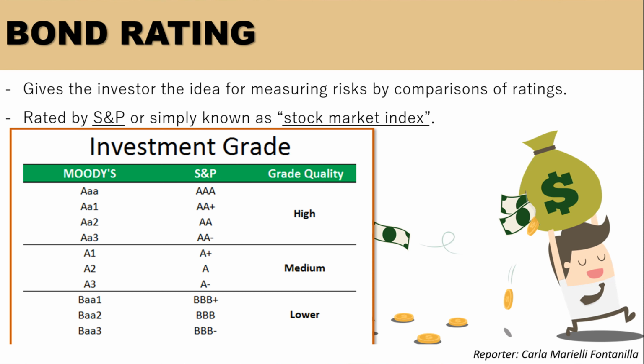So for the high-grade types of businesses, they're labeled in the S&P by triple A down to double A minus. For medium, for example, Starbucks has an S&P grade of A minus that comes from A positive to A minus. While for the lower ones it is triple B positive until triple B negative. So anything lower than triple B is already considered junk bonds.